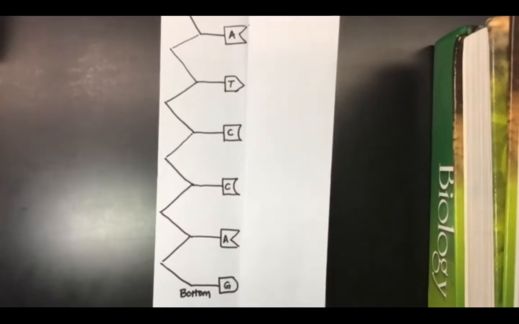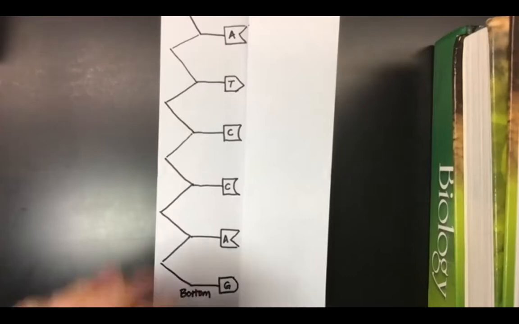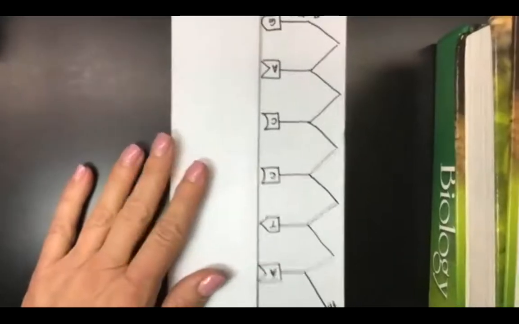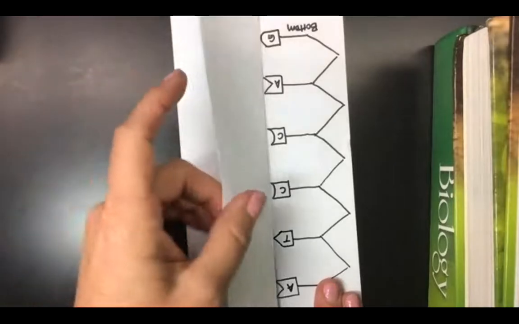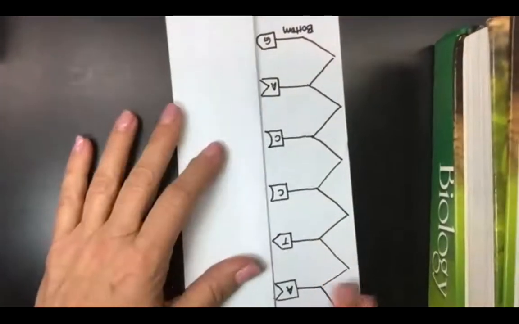All right. So everybody at home, give me a thumbs up if you're good. Awesome. Okay, so now we're going to flip this guy upside down, and we're going to put our complementary strand in there, but we're going to put it here on this flap.